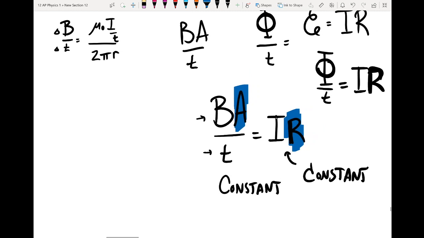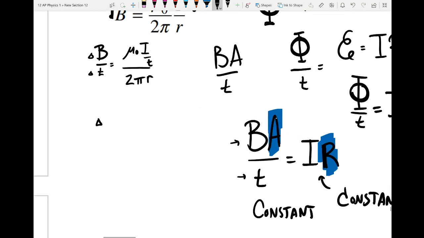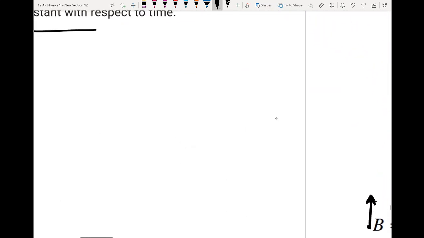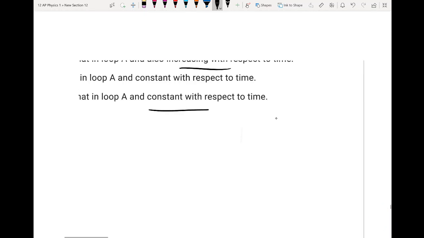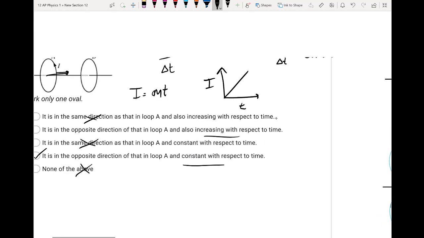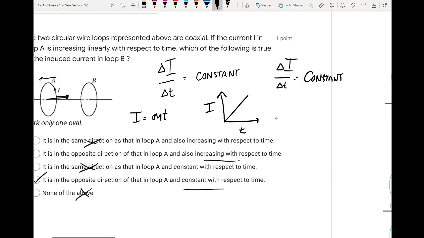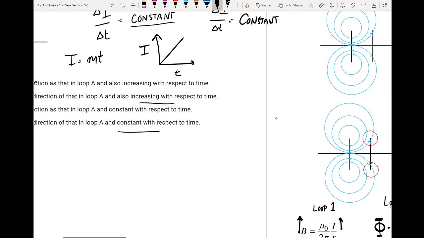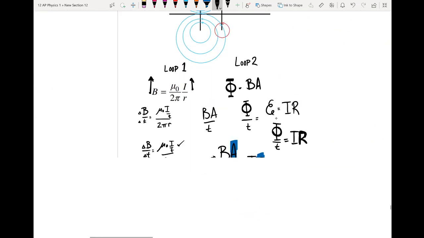So let's go back over to what we saw initially. Over here, we said our change in B over our change in T was going to be equal to mu naught I over T over 2 pi R. On this side, we said that this change in current over time is linear, it's a constant change. We said this change in I over change in T is just equal to a constant because it has this linear relationship.